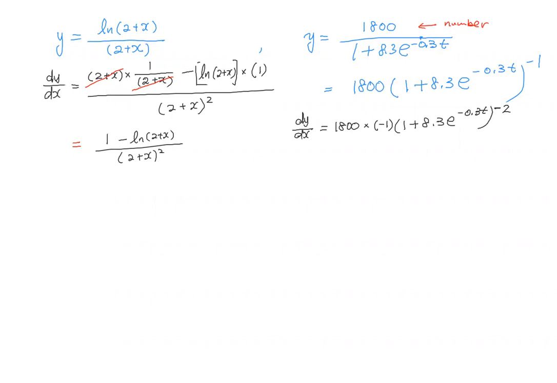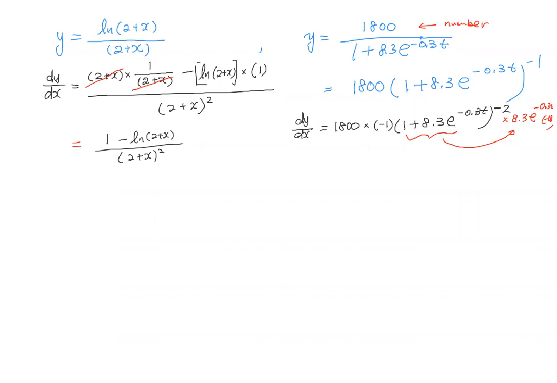Then multiply by the derivative of whatever is in the bracket. That is exponential, so 8.3, copy down the whole thing. Then times by negative 0.3. Then take up your calculator and start to do it.